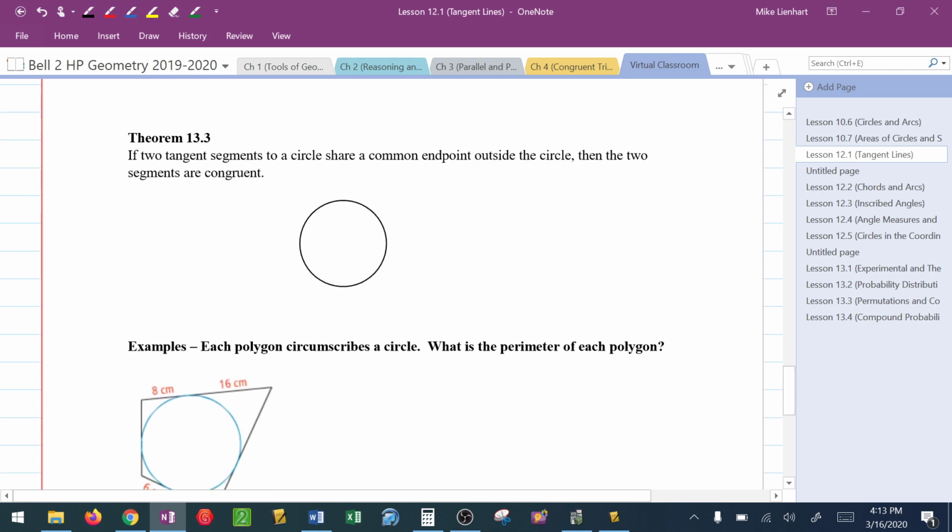We have theorem 13.3 that says if two tangent segments to a circle share a common endpoint outside the circle, then the two segments must be congruent. So let me give you an example. Let's say that we have a tangent.